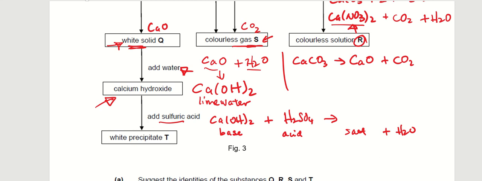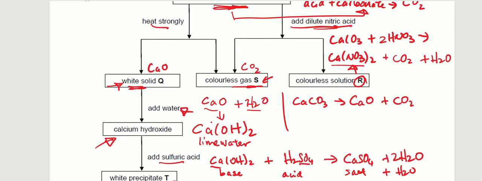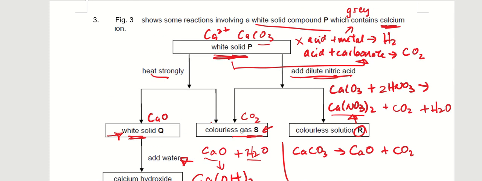So what is my salt? I will get calcium sulfate and water in this case. It says it's a white precipitate because we know calcium sulfate is an insoluble sulfate, just like lead sulfate and barium sulfate. So we have now identified all our unknowns.